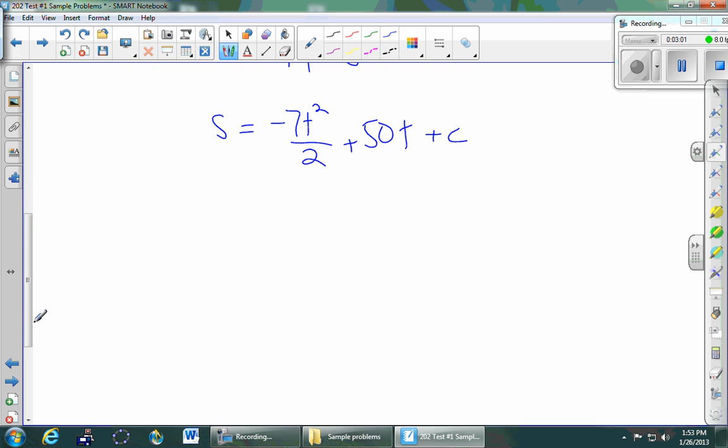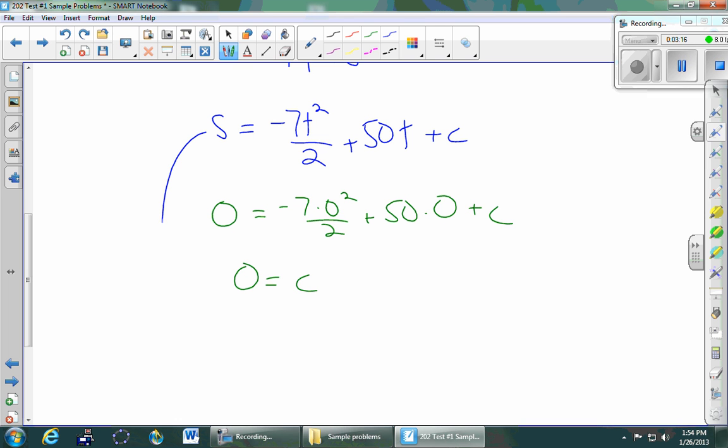So that means at t equals 0, s is also 0. So 0 for both variables will allow us to find c. And it turns out with this choice that c is 0. So our formula for s is now negative 7/2 t squared plus 50t.